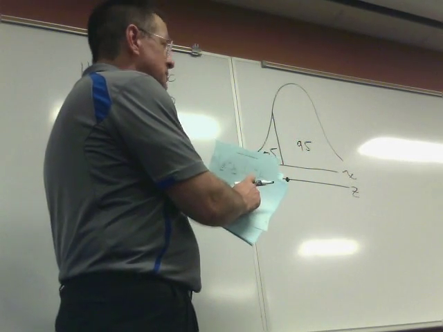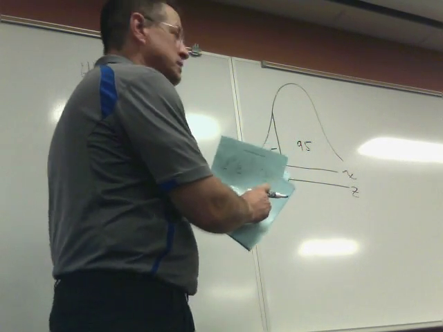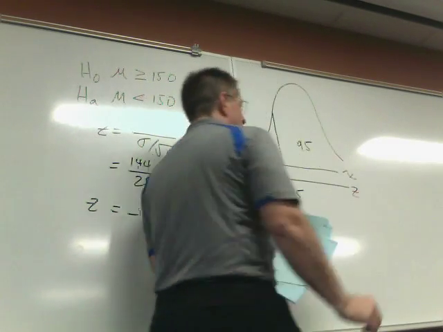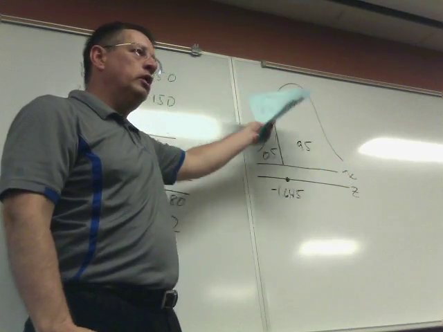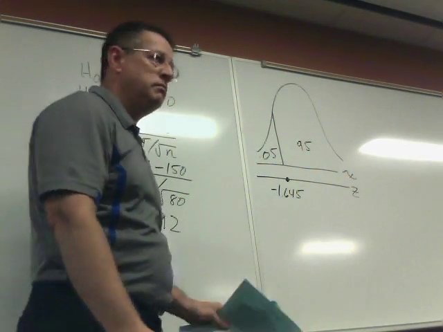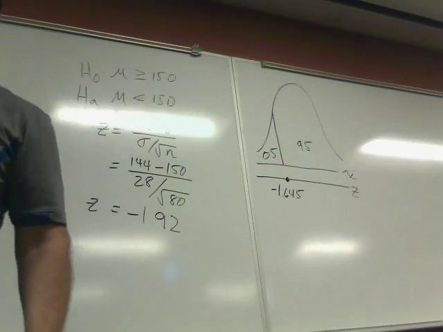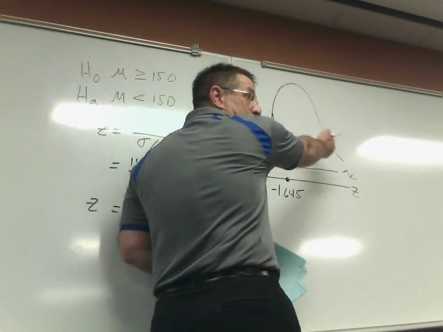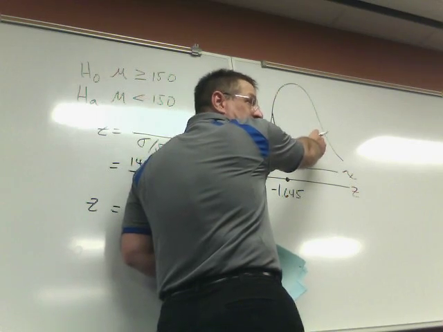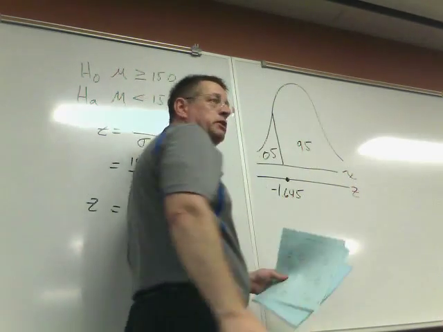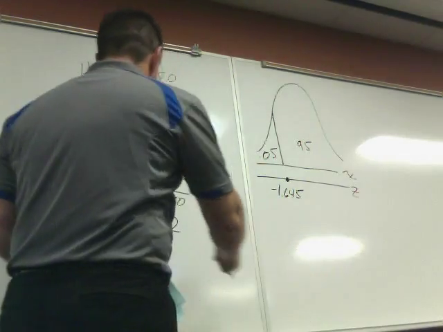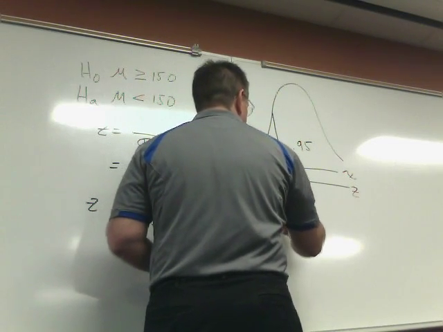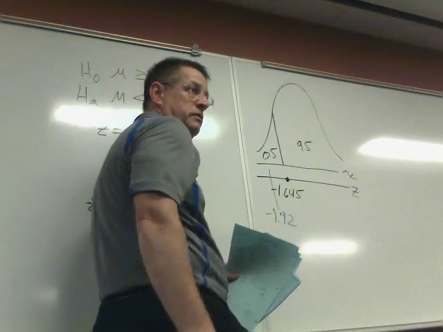With 95% in the body and 0.05 in the tail, 1.645. But of course it's going to be negative. Okay? So that's sort of the ruler against which we're going to measure our data. And frankly, if our data lands inside the hump, inside the major part of the curve, we're going to accept H0. If it lands in the tail, we're going to reject H0. Here at negative 1.92, I'm landing here.